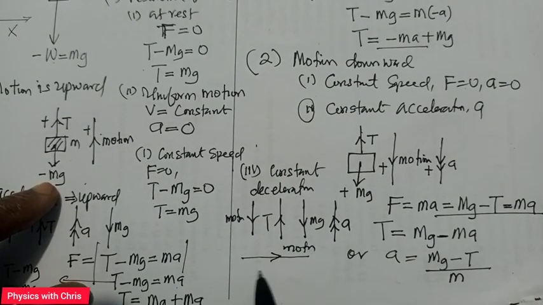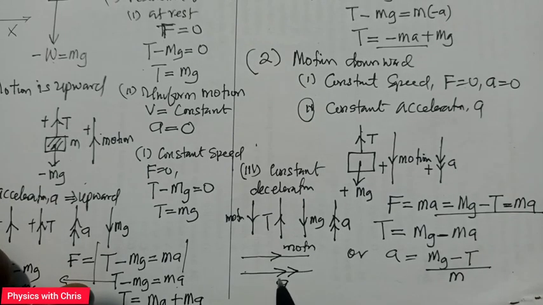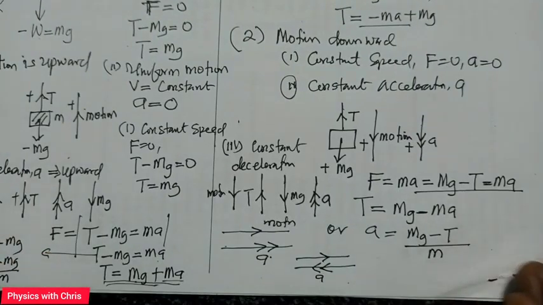When the direction of motion is the same as the direction of acceleration, the speed of the body increases. But when this is the motion direction and the body accelerates in the opposite direction, this will end up reducing the speed of the body. So when the direction of acceleration is opposite to the direction of motion, this is the case of deceleration.